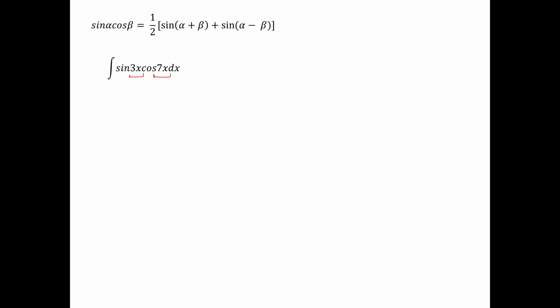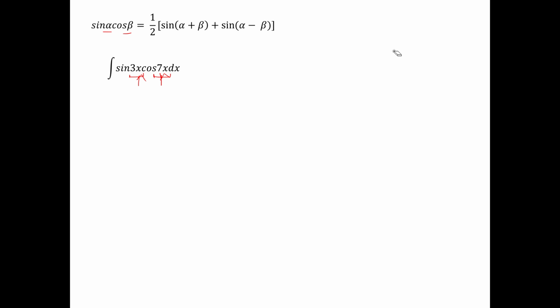It's because here sine focused on 3x, cosine focused on 7x. 7x is different from 3x, right? So if these two parts are different, I probably want to use my formula, which indicates alpha and beta. They are different. Okay. I wish it's clear.